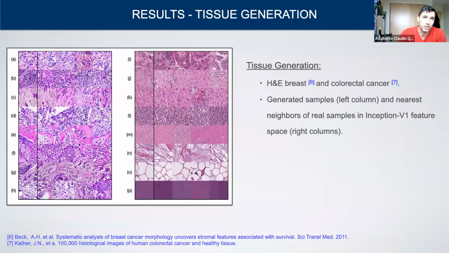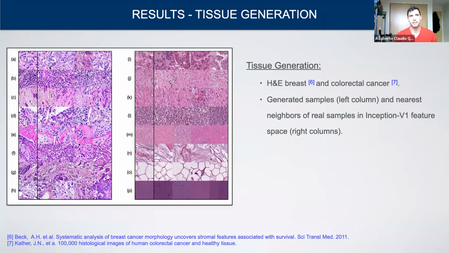To continue with the image generation here, I have two panels for two different data sets. The left one is the breast cancer data set, and on the right you can see the colorectal cancer. In both of them, the left column shows generated images, and on the right you see real images.